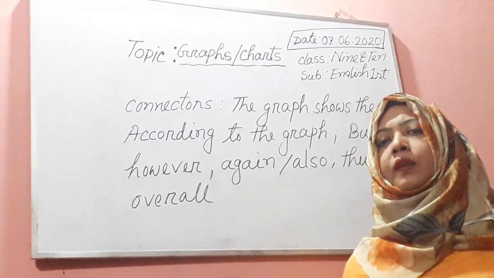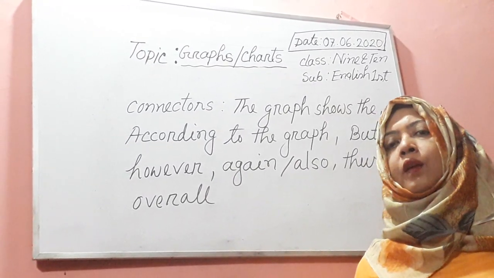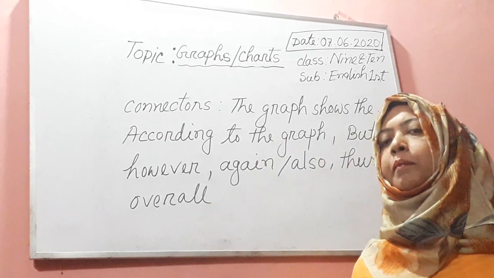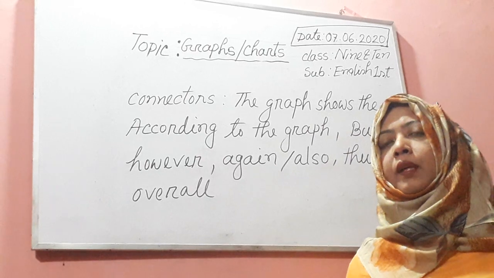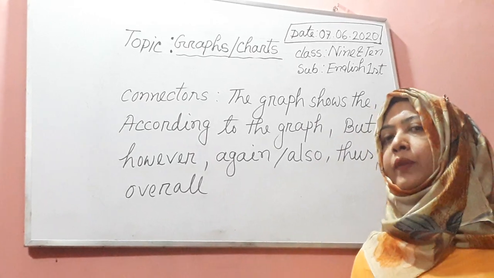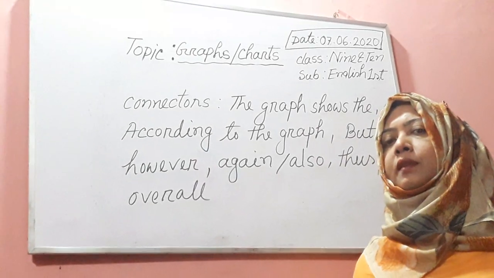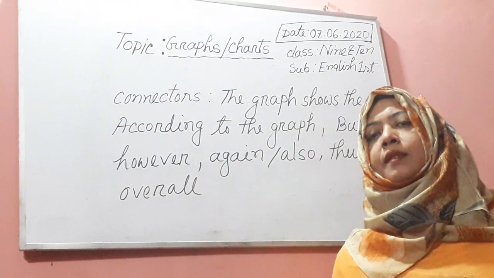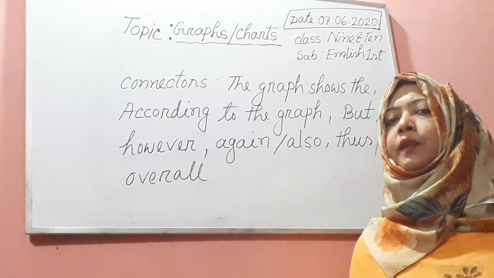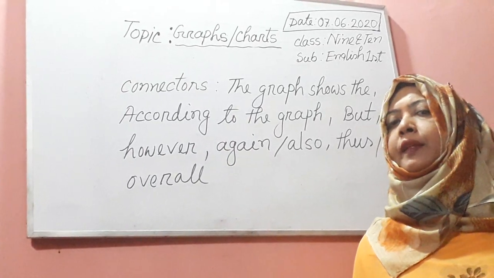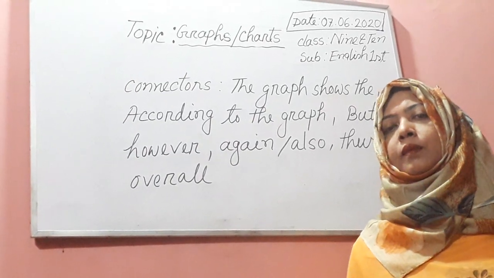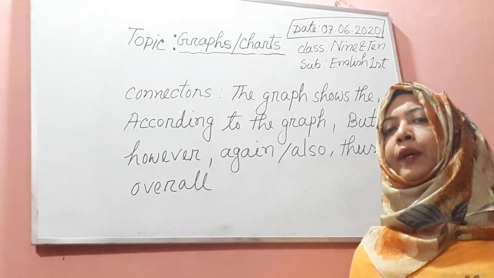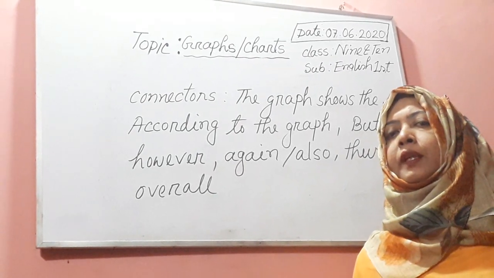To focus on the negative side or opposite side of the graph, you can use the connector but. To focus on the positive side of the graph, you can use the connector however. If you want to add something new, you can use the connector again or also. Last of all, highlighted points of the graph should be written.